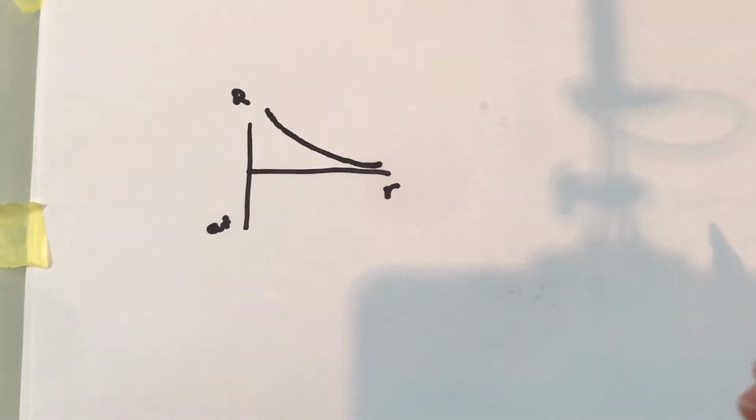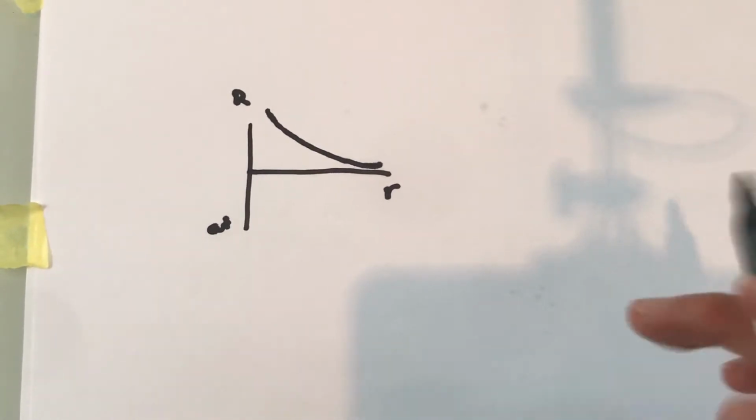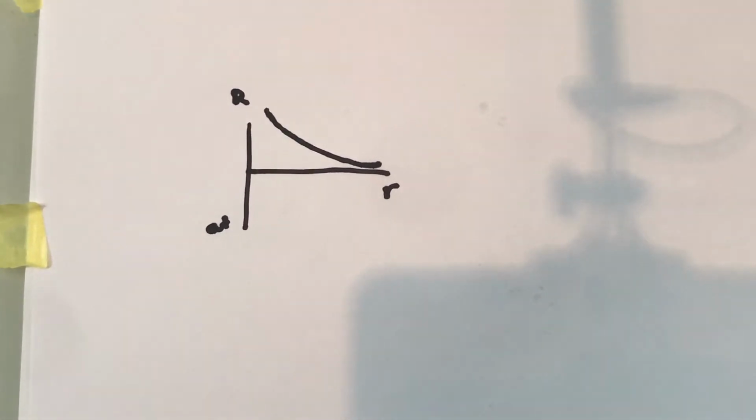The Coulomb force falls as a function of r squared. So if r gets twice as big, the Coulomb force gets 4 times as small, and so forth.